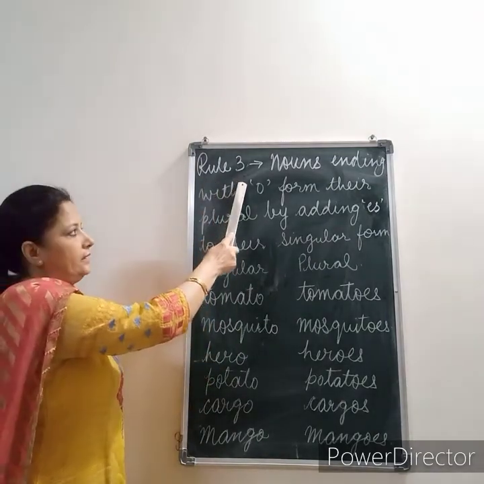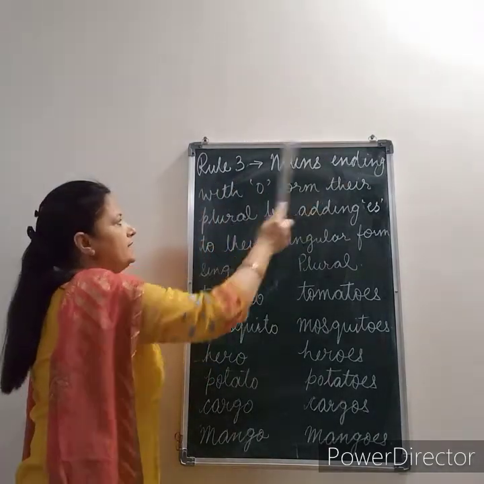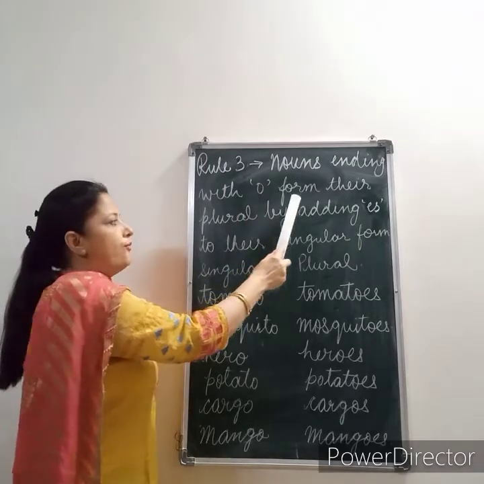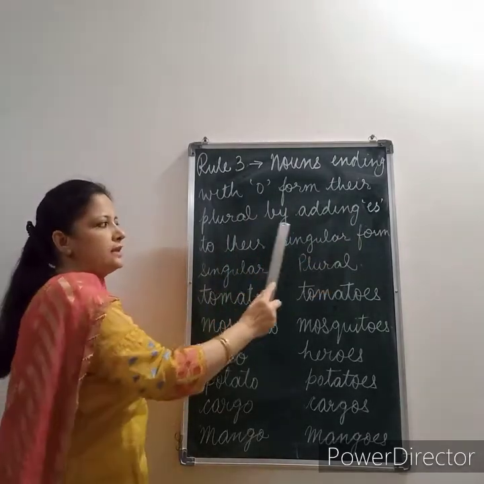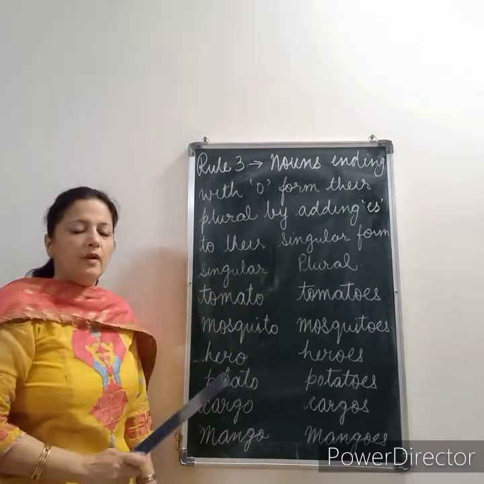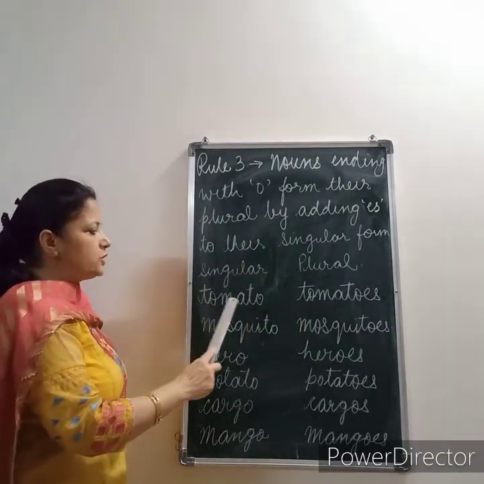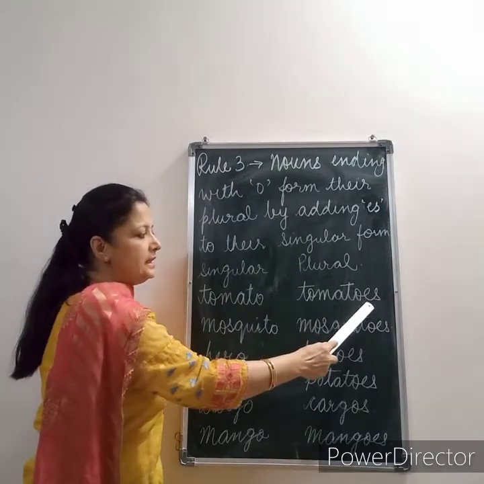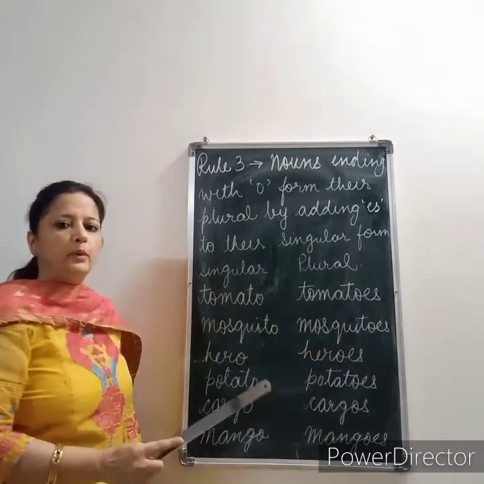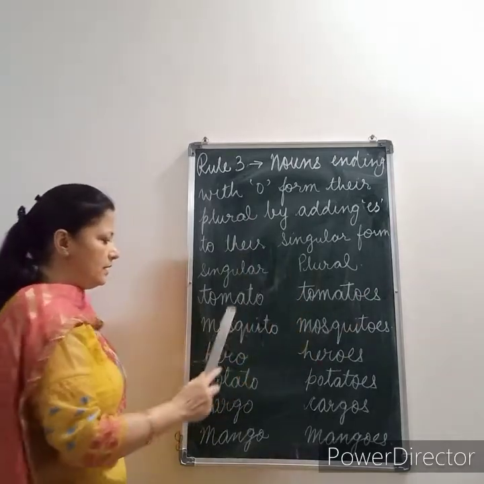Rule number 3. The nouns ending with o form their plurals by just adding es to their singular form. For example, if we see tomato, the word is ending with o. So we have added es to it to make a plural form. Tomatoes.